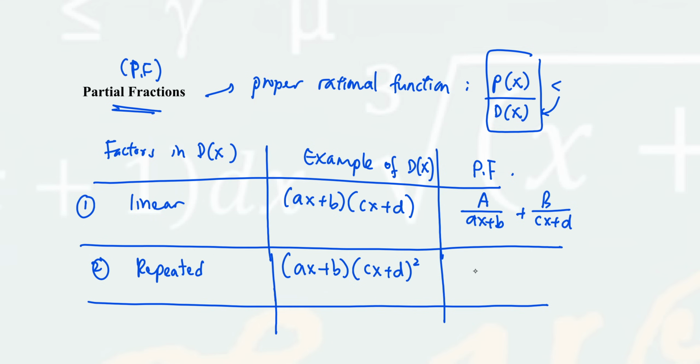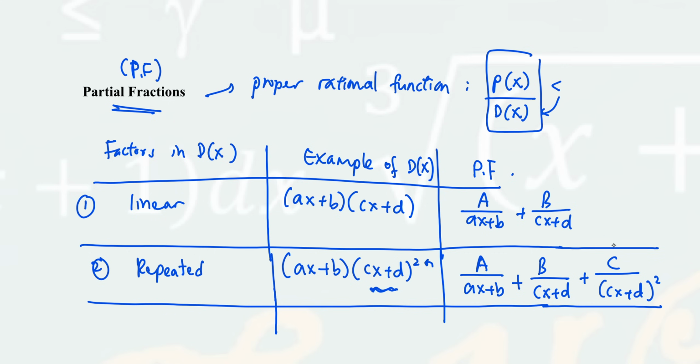So your partial fractions will be A over ax plus b, because whenever it is a linear factor, ax plus b is linear, the numerator must be a constant. Now cx plus d is also linear, so I will write B over cx plus d, with degree 1, even though you are given degree 2. You must start with degree 1 and followed by C over (cx plus d) squared. The C in the numerator and the c in the denominator are different, because one is the capital letter C and the denominator has the lowercase letter c.